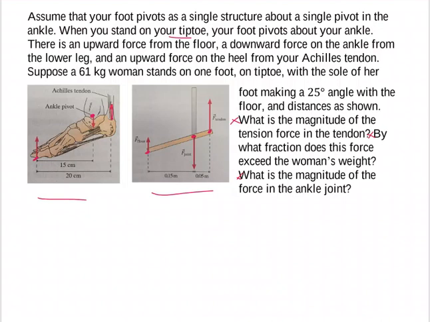So first of all, the force of the floor is going to be equal to the weight of the woman. Force of the floor is equal to the weight. So that is her mass, 61 kilograms, times 9.8 meters per second squared.